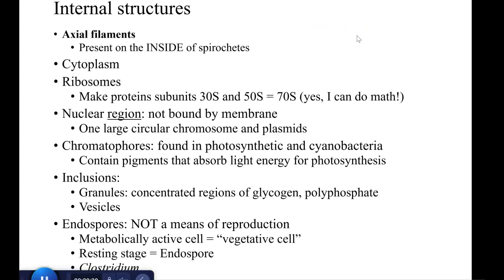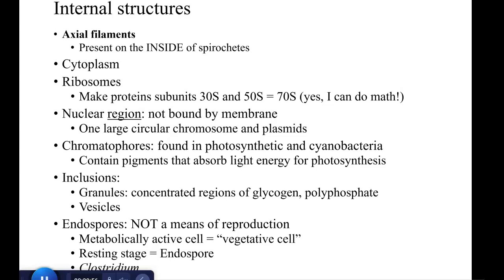So first off, our internal structures. Those spirochetes, those corkscrew-shaped bacteria, in order for them to move, they actually have axial filaments that allow them to twist. So that's how they move. Of course, bacteria are going to have cytoplasm, just like our eukaryotic cell would have cytoplasm. They also need structures to make proteins, and those are going to be the ribosomes.